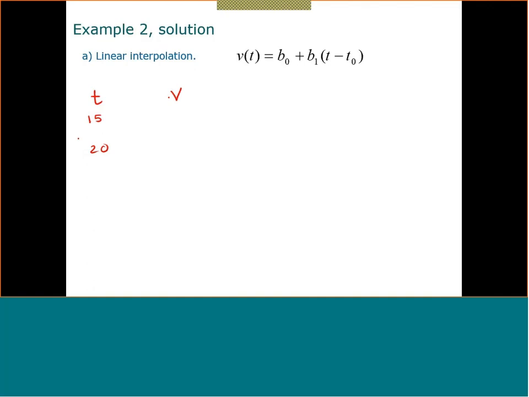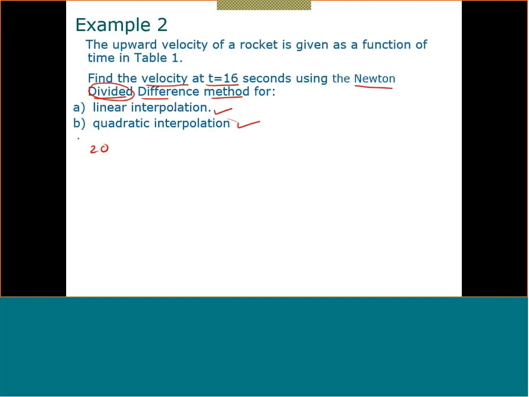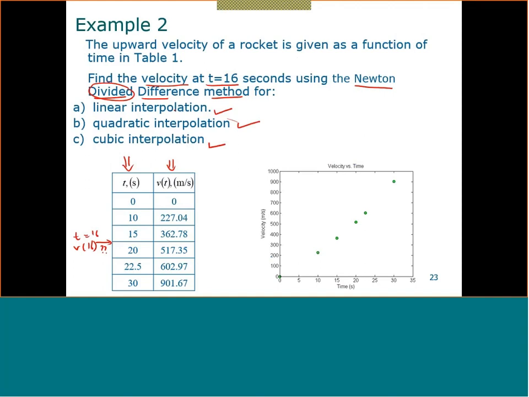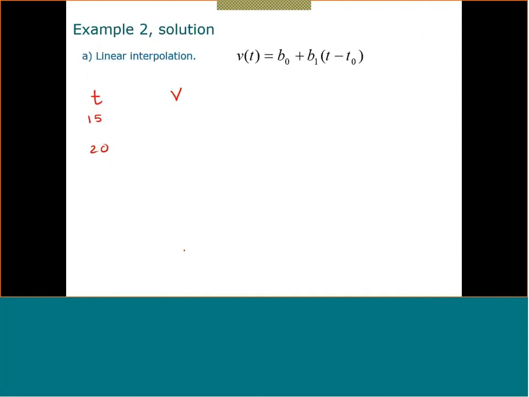Because 16 is somewhere between. And then the velocity, I will get from the table, which is 362.78, and this is equal to 517.35. So this is what I call V at t0, and this is V at t1.